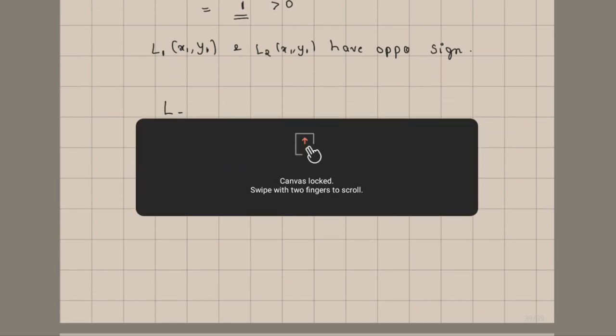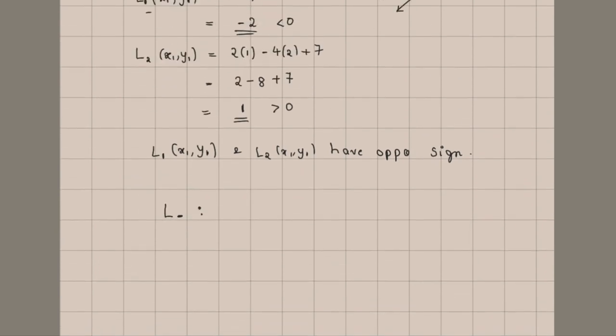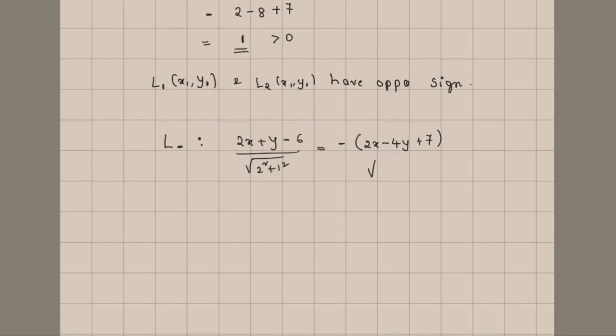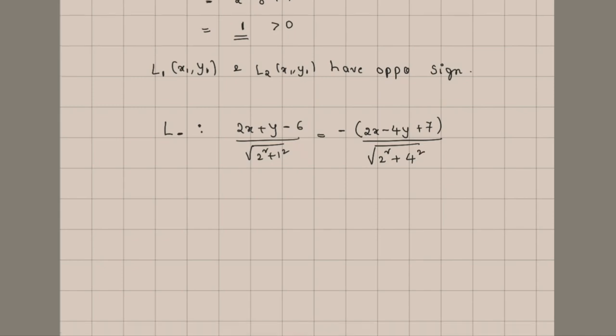L minus, which is nothing but, the equations are (2x plus y minus 6) by root over 2 square plus 1 square equals minus of (2x minus 4y plus 7) by root over 2 square plus 4 square.